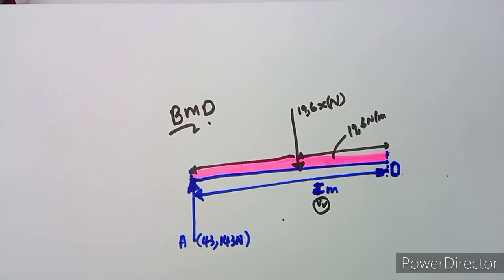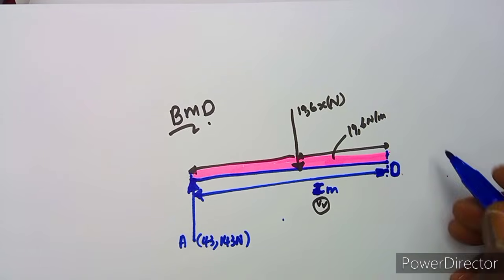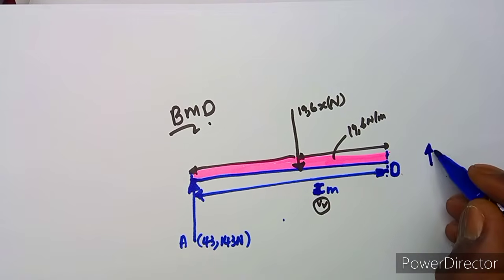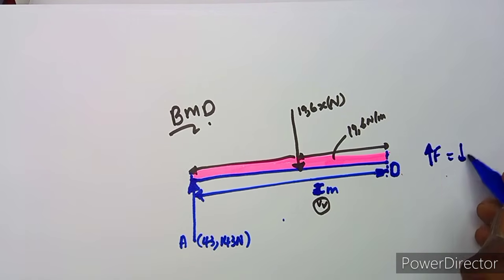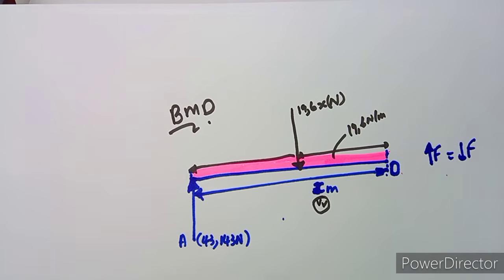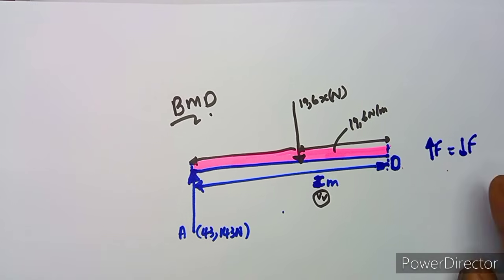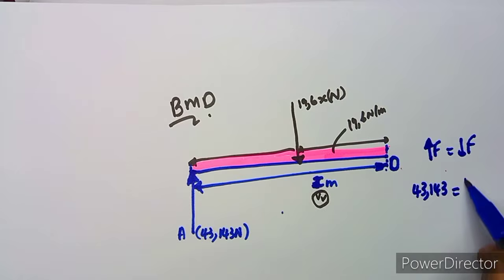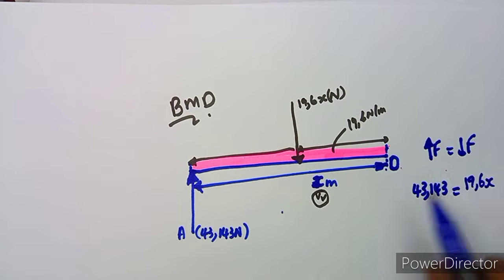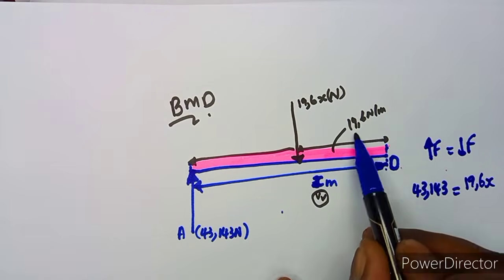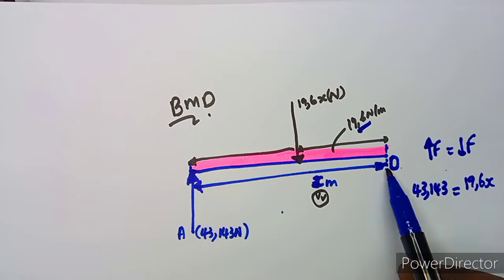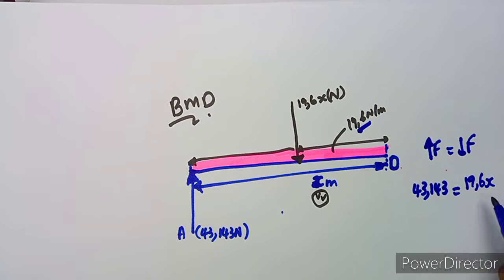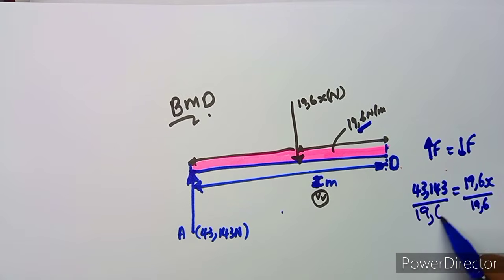Using the concept of forces, upward forces are equal to downward forces, we can work something out, because we've got A going up, which is 43.143 Newton, which is equal to F down, which is now 19.6X, because remember, force per meter times the distance. So it is easier for us to find X by simply dividing by 19.6.